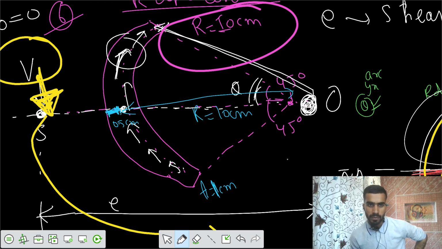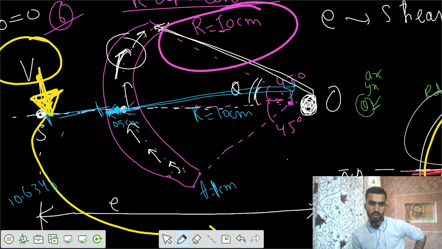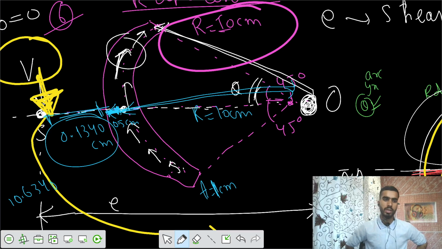That means a net value of 10.5 would be up to this point. Then the total E equals 10.6340, so this distance should be 0.1340 centimeter. So this is the location of the shear center from the point O.